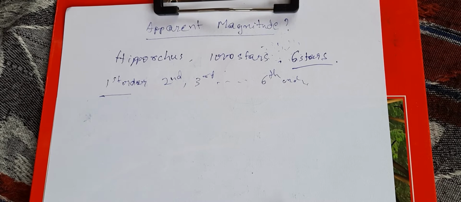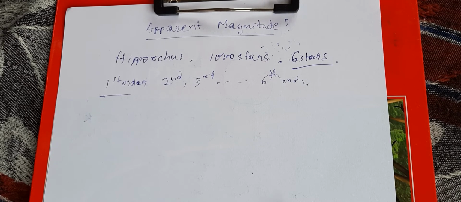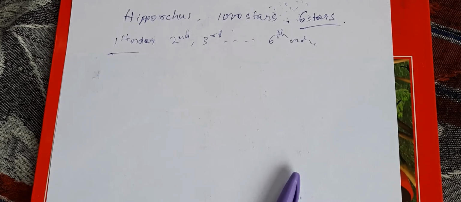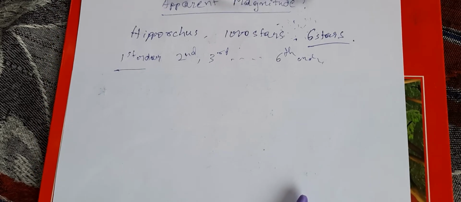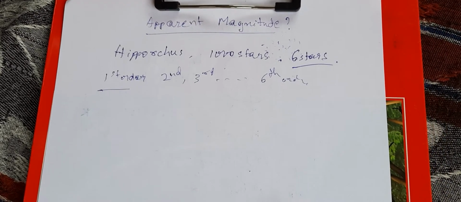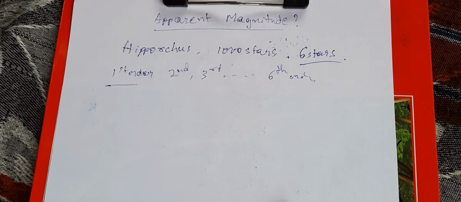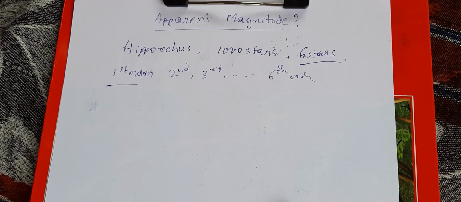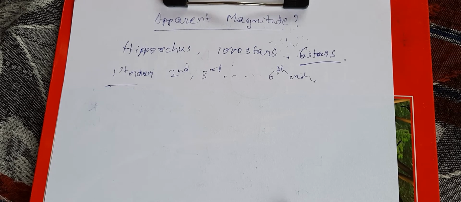That means the brightness on Earth depends upon their distance. The brightness does not depend only on how much radiation the star is emitting. Of course that depends, but it also depends on how far it is from the Earth. If the star is farther from the Earth, then its brightness will be reduced.